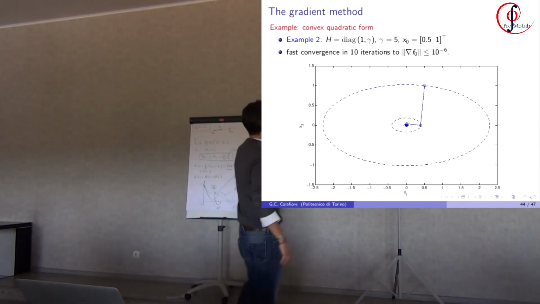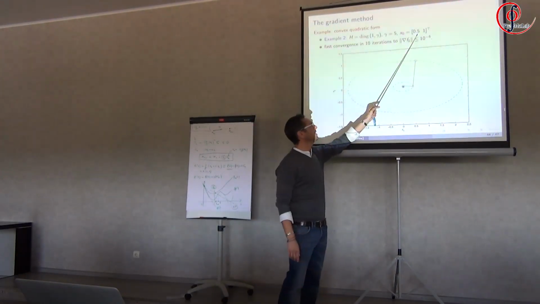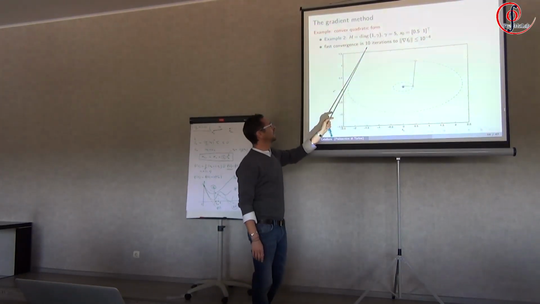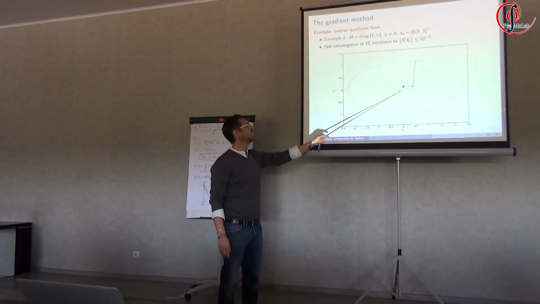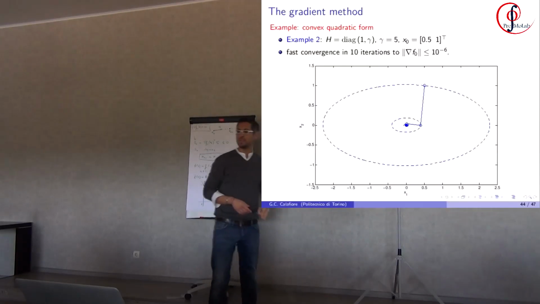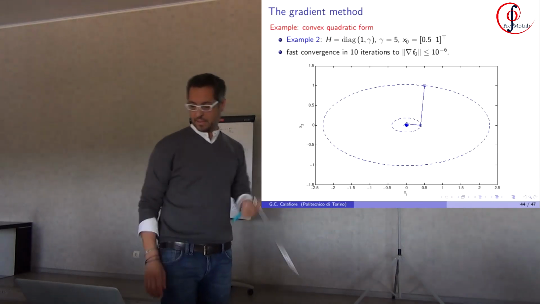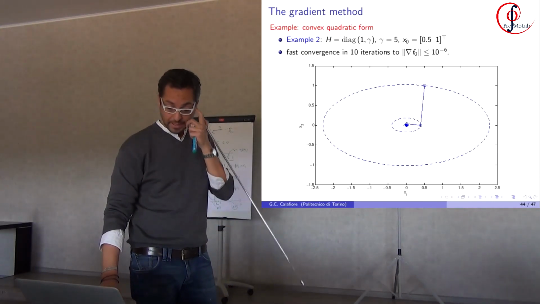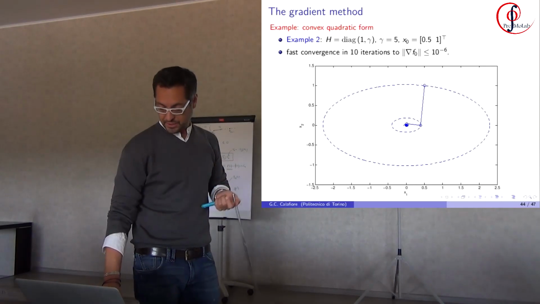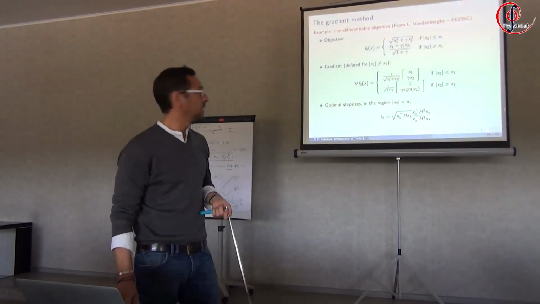If I give another initial condition, so this one here, then convergence is much faster, in 10 iterations, and without too much zigzagging I'm converging to the optimal point. So just to highlight the fact that there could be this issue in the pure gradient method.